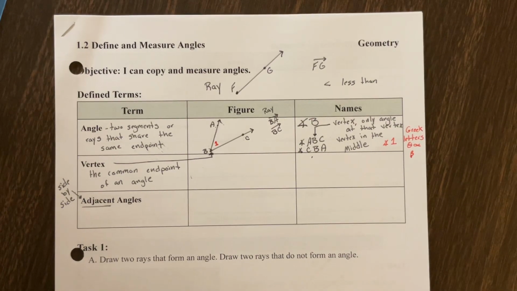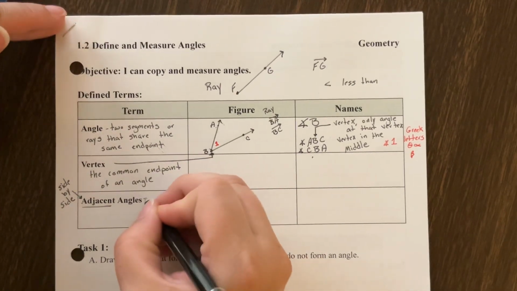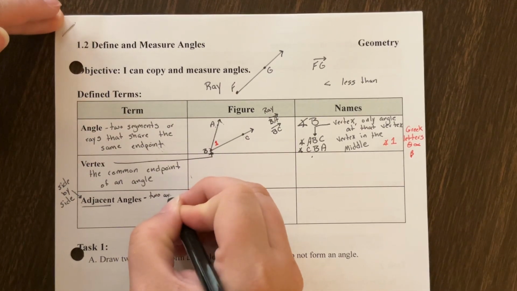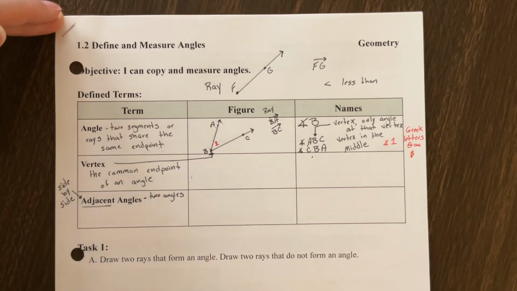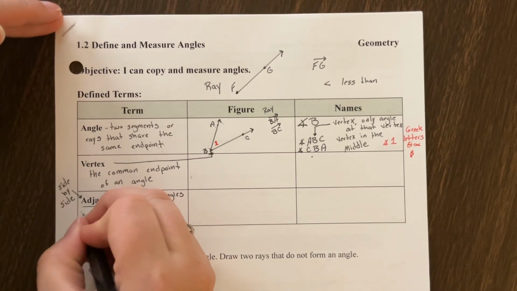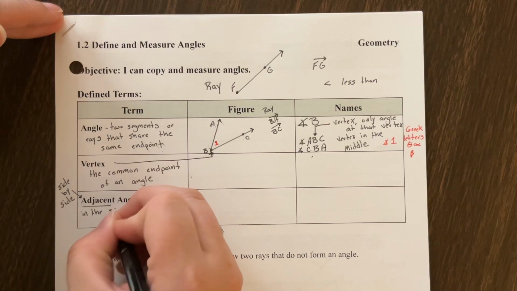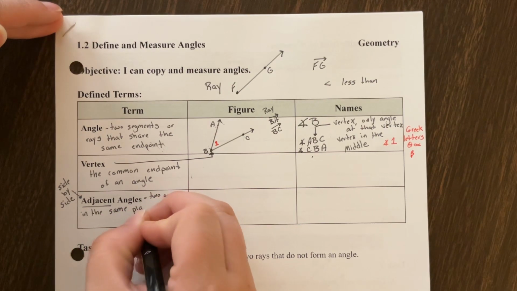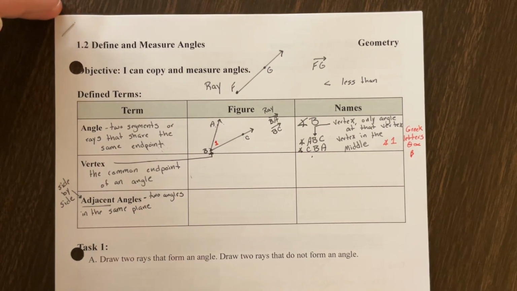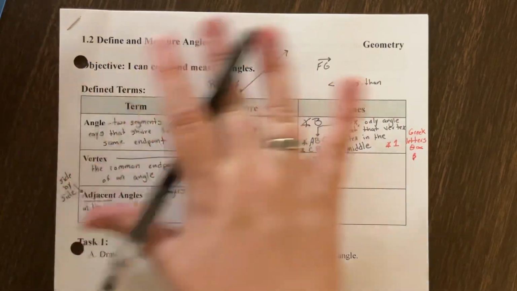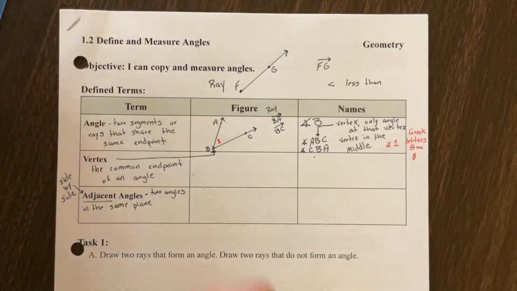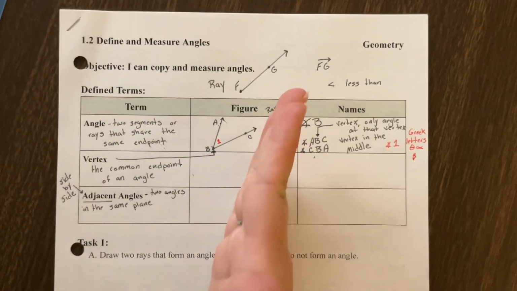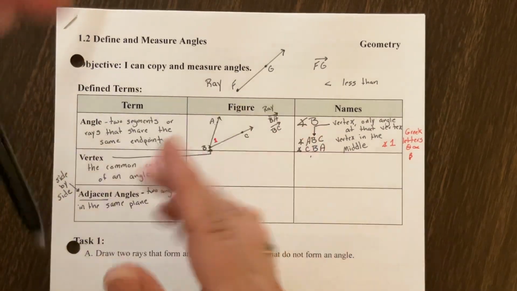So adjacent angles is really referring to two angles who are side by side. So two angles in the same plane, meaning I have to be able to draw them both on one sheet of paper. If you remember from yesterday, that plane is that flat idea. So you can't have one angle coming out of the paper and one being on the paper.